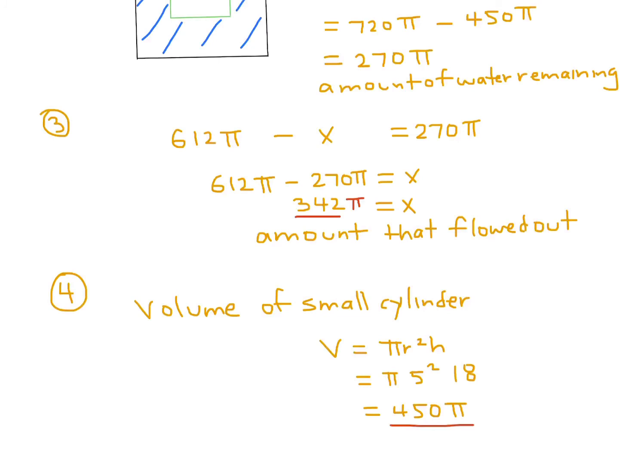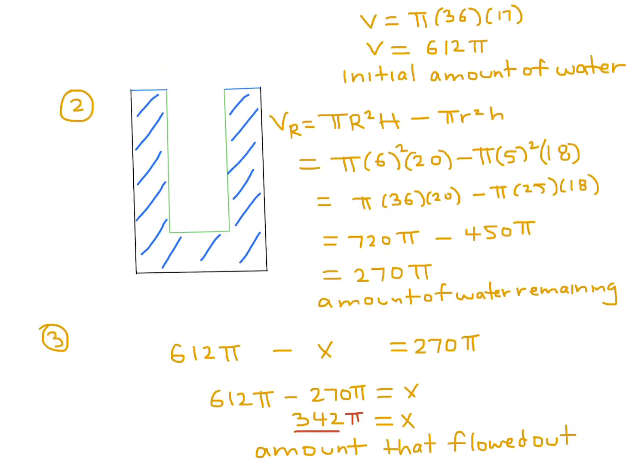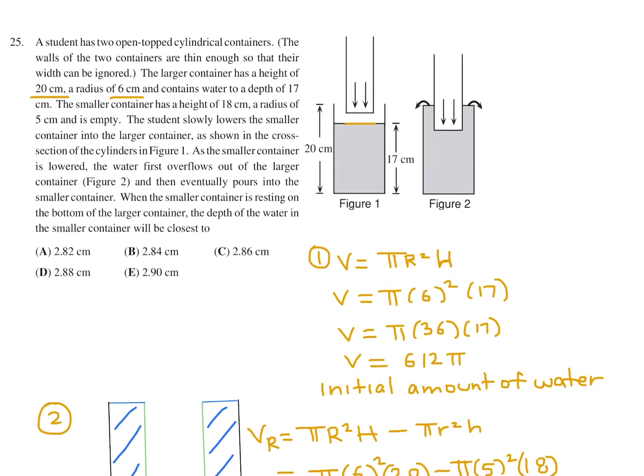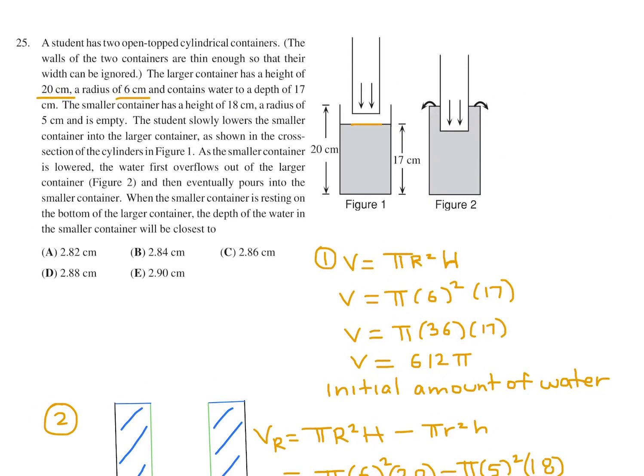Why? If you put that small cylinder in, wouldn't the amount that flows out be equal to the small cylinder? Why is the amount less? And that is a very important part of this question that is crucial. The reason is because look what happens when you first put the small cylinder into the big one. Initially, the water level rises to here, right? But nothing is flowing out until you get the water all the way to the top.